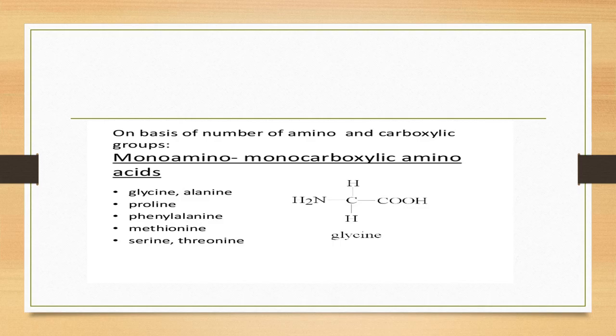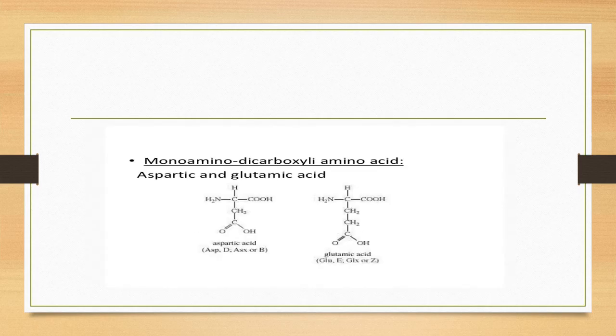Monoamino monocarboxylic acid, this formula is the same. Look at the screen which I have drawn before starting this lecture. Very simple. One NH2 group, one COOH group, one hydrogen, one R, that is called mono. Mono means single: monoamino monocarboxylic amino acids. If there is more than one amino group and more than one COOH group, that is not called mono, that is called diamino dicarboxylic acid.